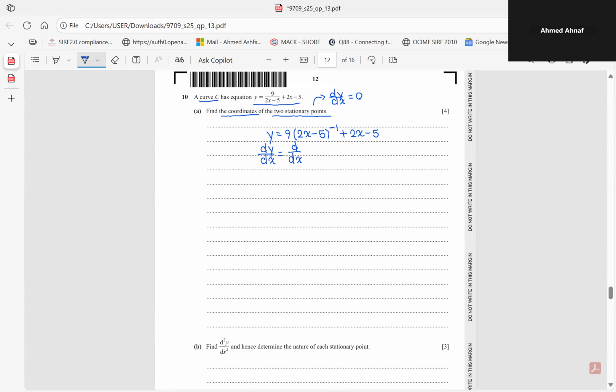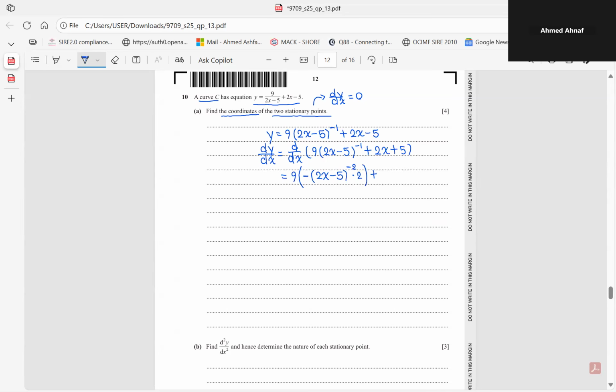So dy/dx would just differentiate the whole right-hand side. To do that, we'll first differentiate 9 times (2x minus 5) to the power of negative 1. So keep 9 and differentiate (2x minus 5) to the power of negative 1. To do that, bring negative 1 to the front times (2x minus 5) to the power of minus 1, subtract 1 from the existing power, so this would be minus 2, and differentiate the inner function 2x minus 5, so this would be 2.